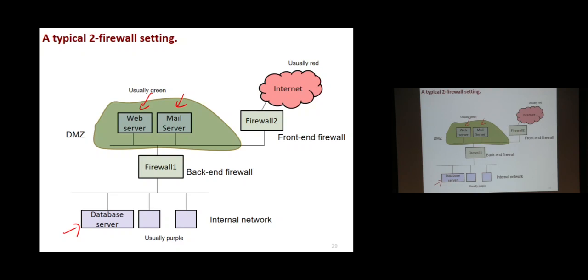In this case, the database server is the most sensitive one because it contains a lot of data. The web server is public facing because anyone should be able to access the web server and email server.